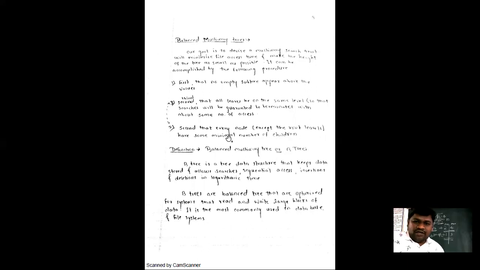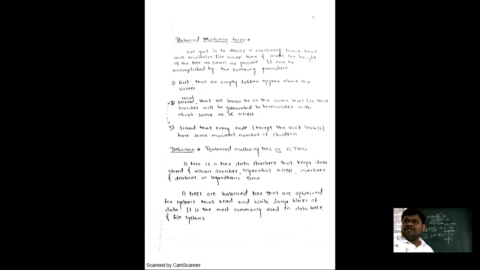Second, every node except the root should have some minimal number of children. Now, the definition of balanced multi-way trees. A B tree is a tree data structure. Is this a linear data structure or non-linear data structure?